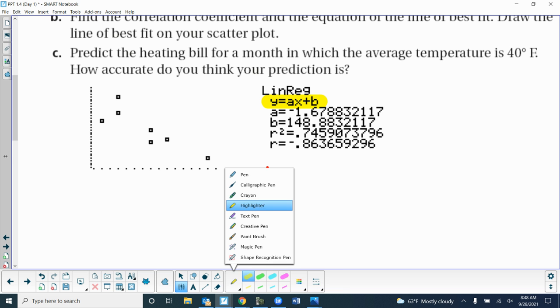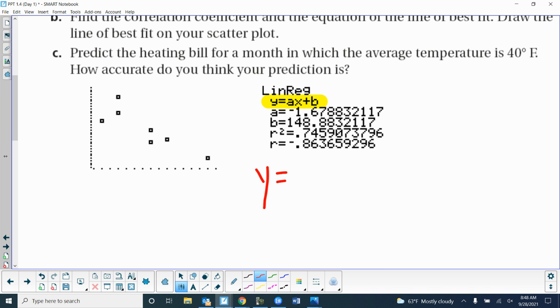So you just substitute what A is for me. Negative 1.68. We round to the second decimal, right? And then what? 148.8. Right. Okay, you see where to get it now? Everybody see where you got that? Any questions?